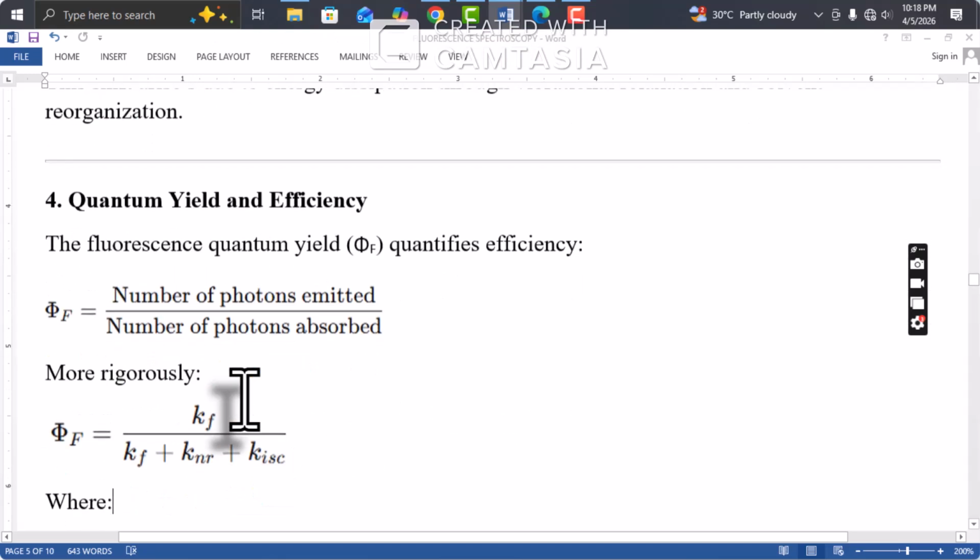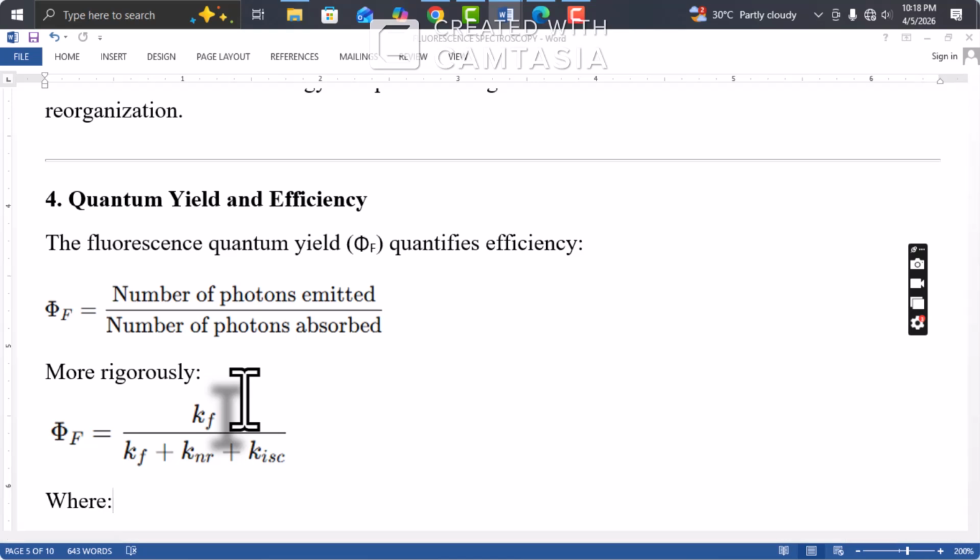Now this is very important, the quantum yield of a fluorescent material or a fluorescent chemical. So what is the quantum yield? For quantum yield we are comparing the intensity of light, the number of photons emitted and the number of photons absorbed.